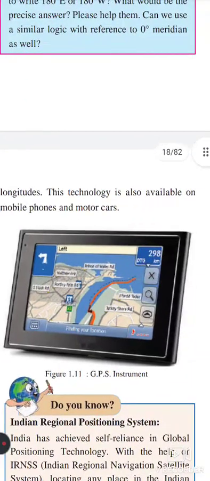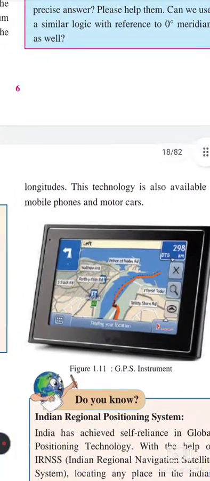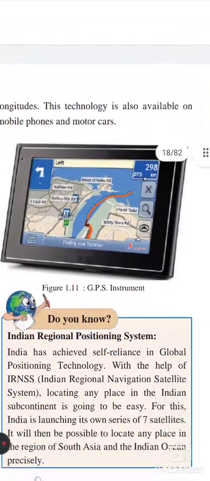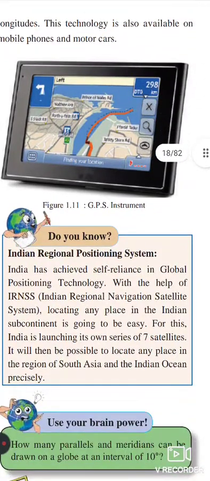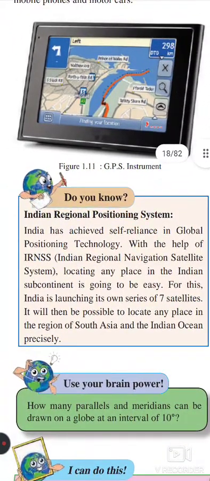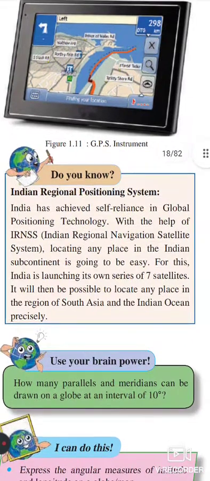This technology is also available on mobile phones and motor cars. India has achieved self-reliance in global positioning technology with the help of IRNSS, the Indian Regional Navigation Satellite System.